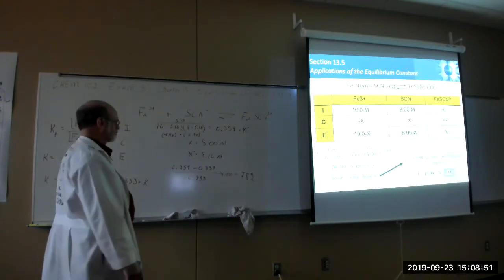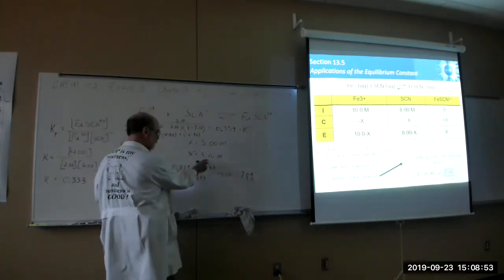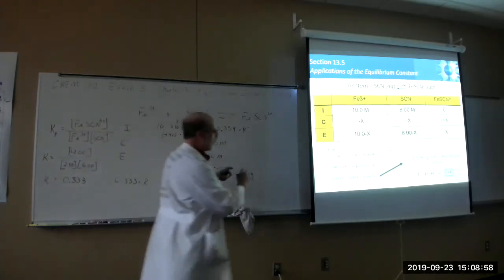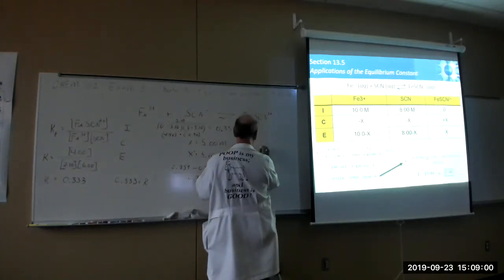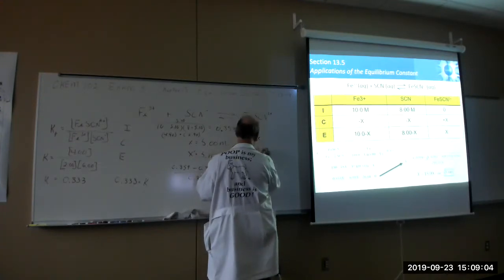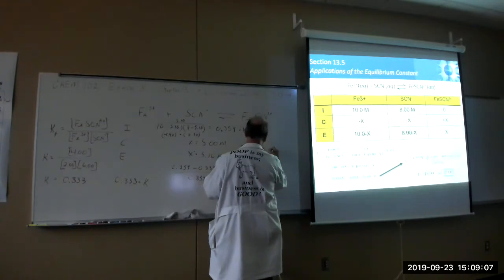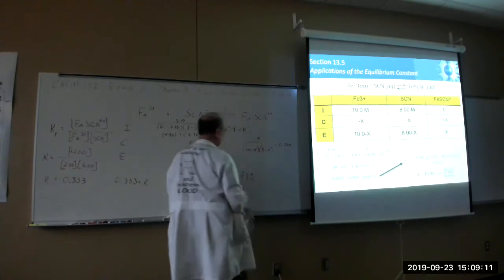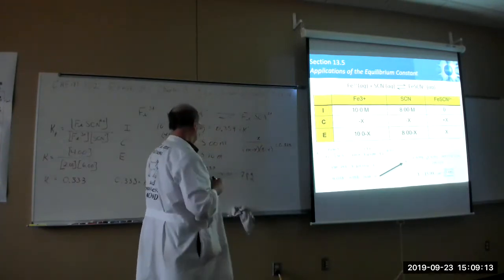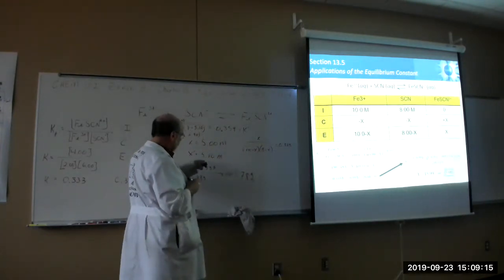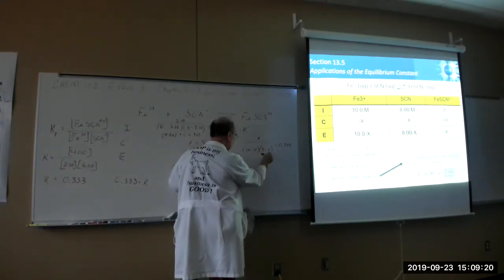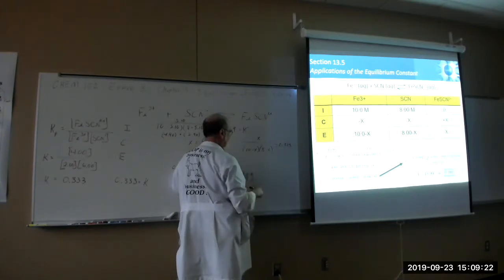In other words, if we come up with this value and we have our expression, in this case, x over (10 minus x) times (8 minus x) equals 0.333, then you can plug in this value here, there, and there, then solve for x again.